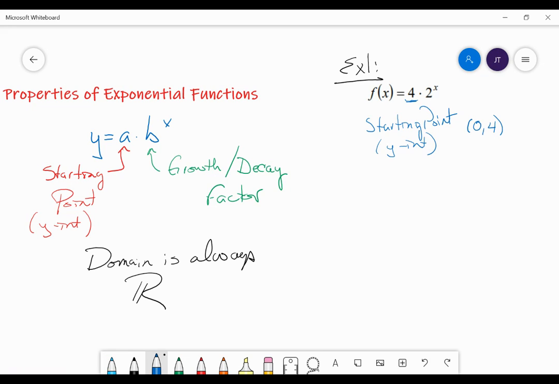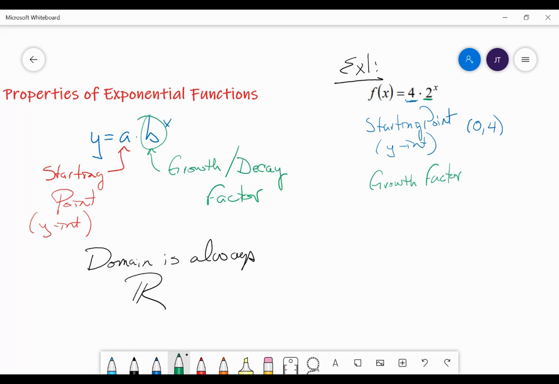This is a growth factor. Okay, our b, see, growth factor over here, b. Our b is 2. It's greater than 1. That means you're going to multiply by 2 every time because you're raising 2 to an exponent.